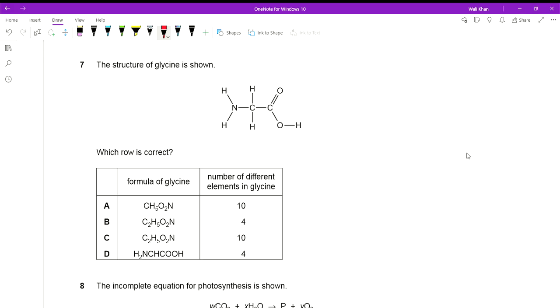So its formula is C2H5O2N, and number of different elements are 4: carbon, hydrogen, nitrogen, and oxygen. It is option B.